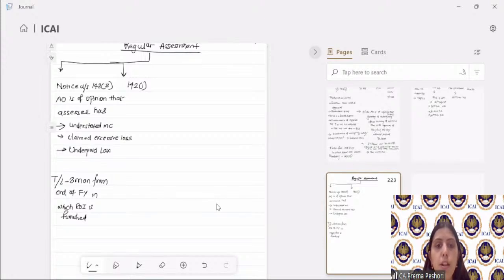A notice under 142(1) will be given to produce books of accounts or any documents or any information.